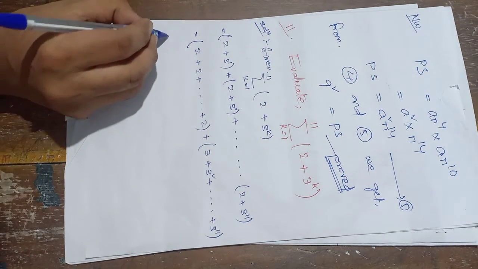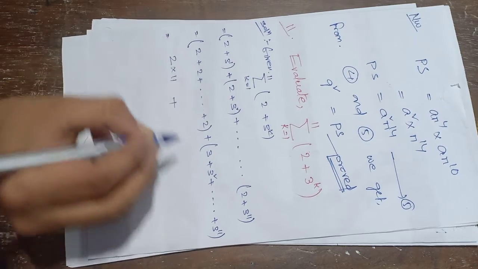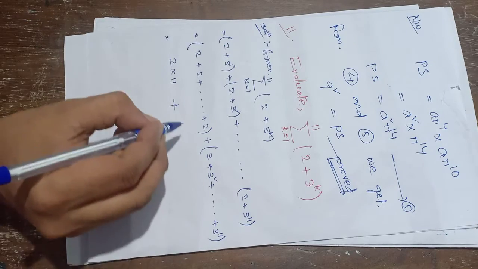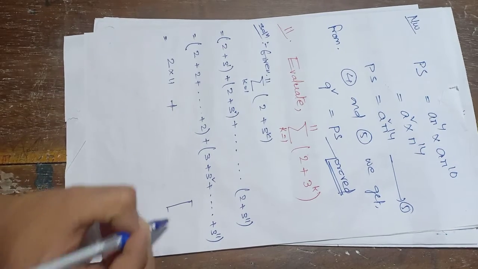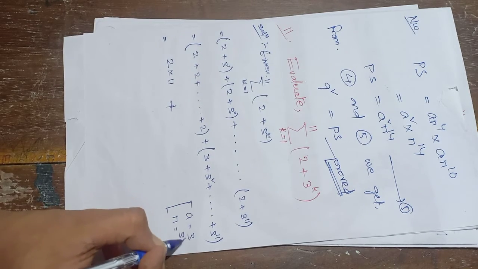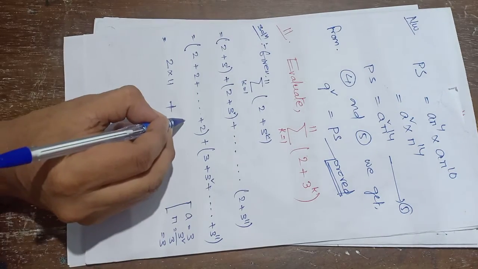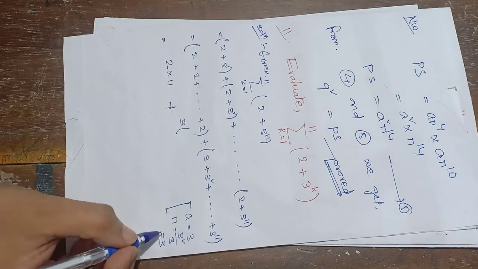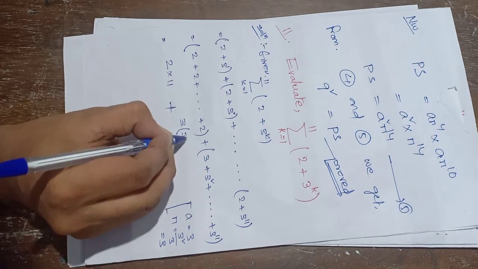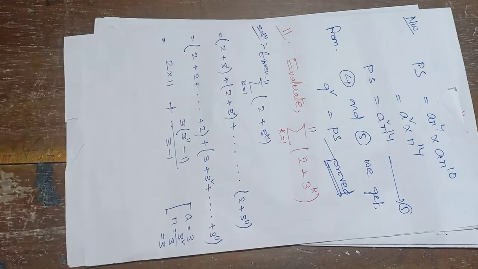Now here there are 11 twos, so you can multiply 2 into 11, and the other part is the sum of a GP series. Here the first term A is 3 and the common ratio is 3 square by 3, which is 3. Since R is greater than 1, the formula is A into R to the power n minus 1 divided by R minus 1, so 3 to the power 11 minus 1 divided by 3 minus 1.